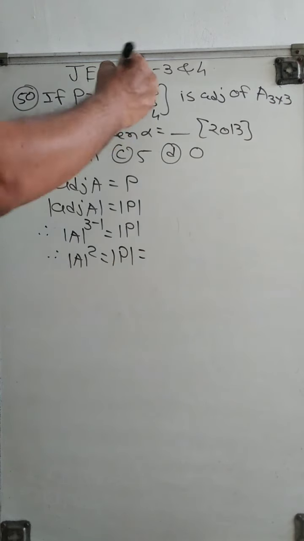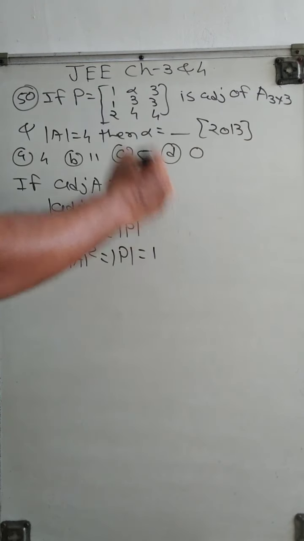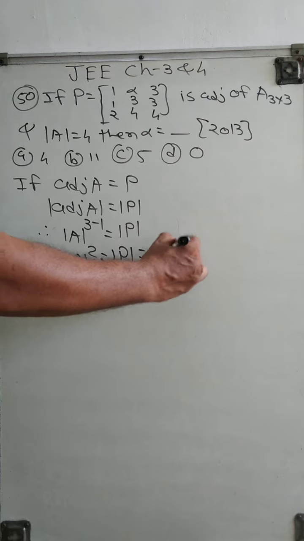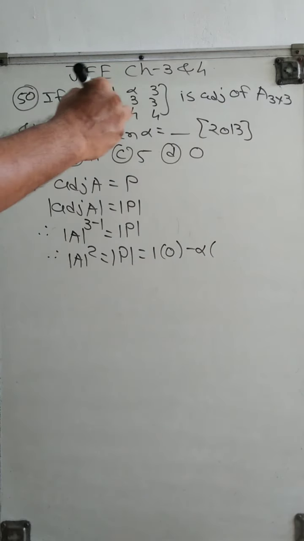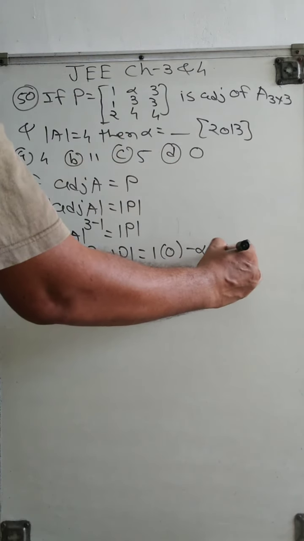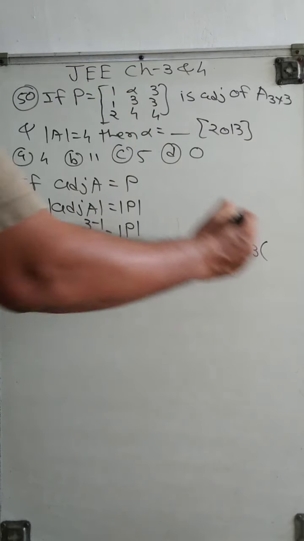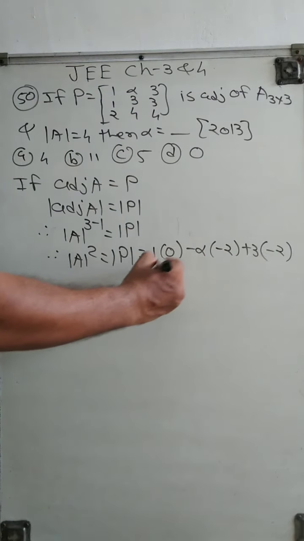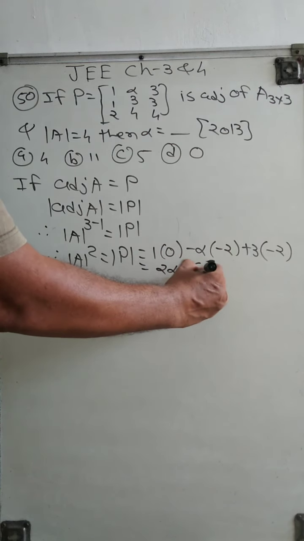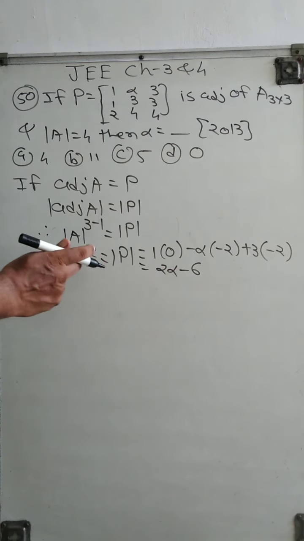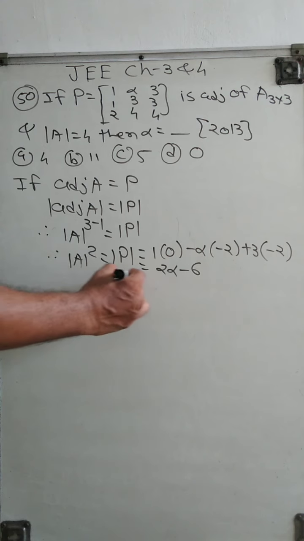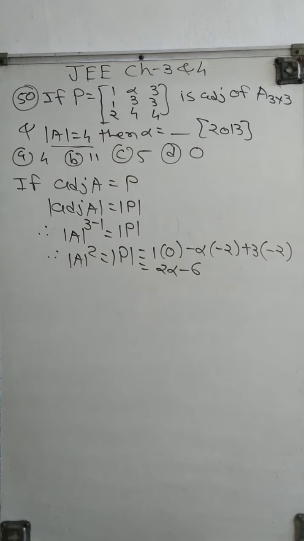And determinant of P we find this way: 1 into 12 minus 12 is 0, minus alpha into 4, 6 minus 2, plus 3 into 4, 6 minus 2. Therefore, it is 2 alpha minus 6. And here this is 16, since determinant of A is 4.